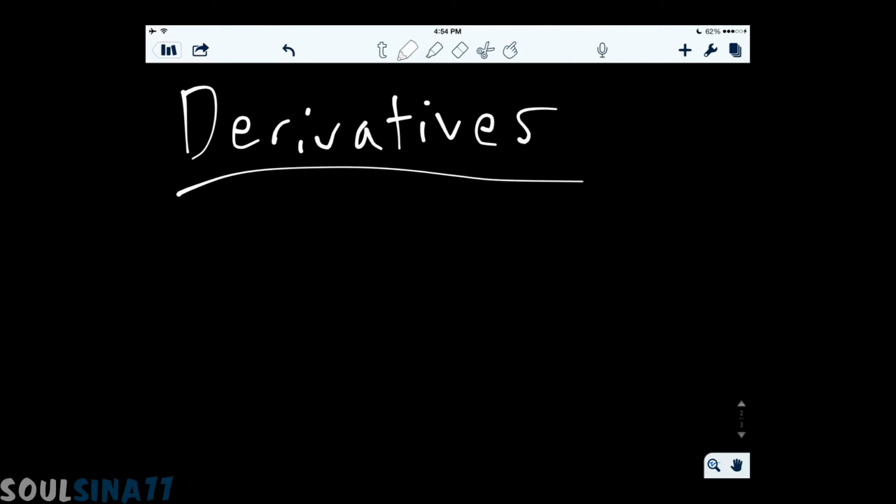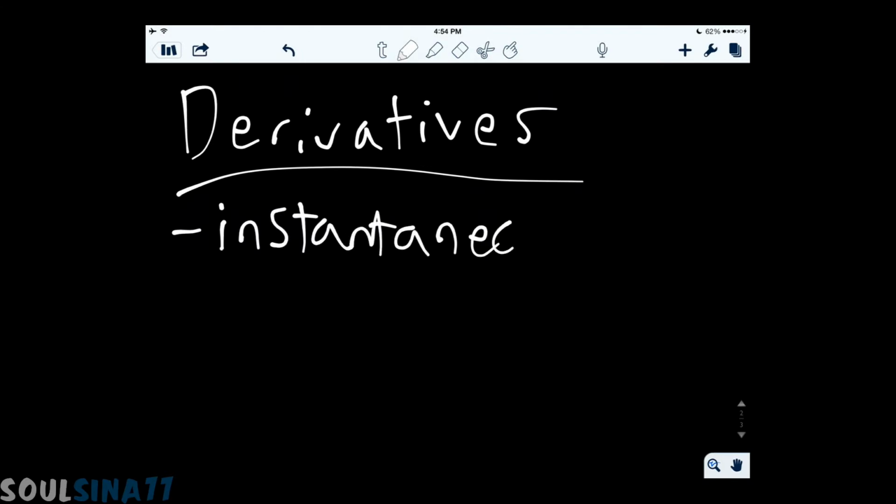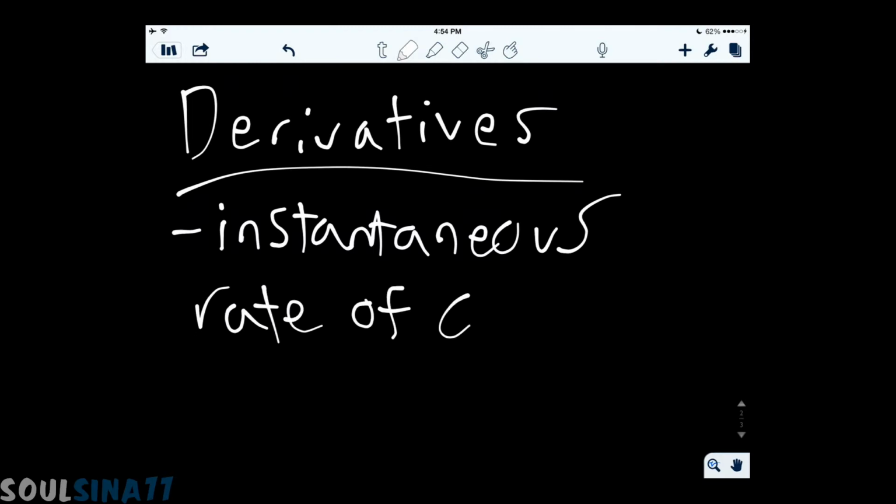Derivatives are the instantaneous rate of change. There are 3 ways to define this. The first way is that this is a derivative. The second way is the instantaneous rate of change.